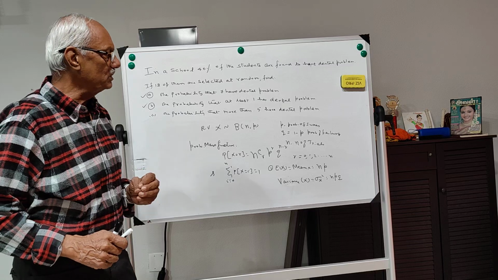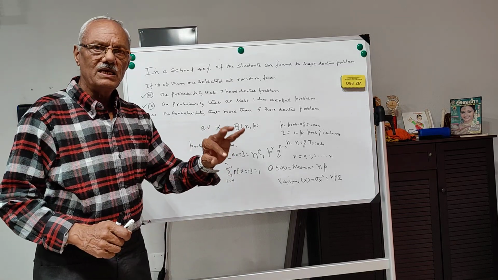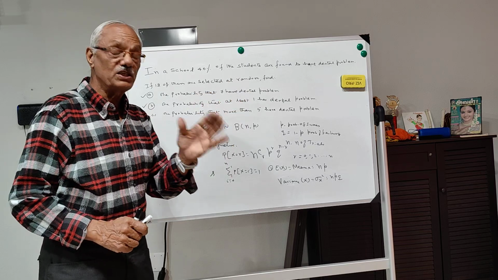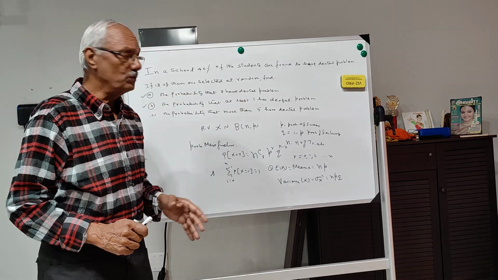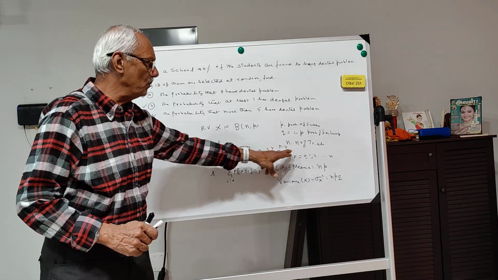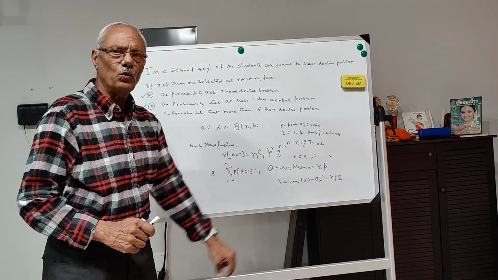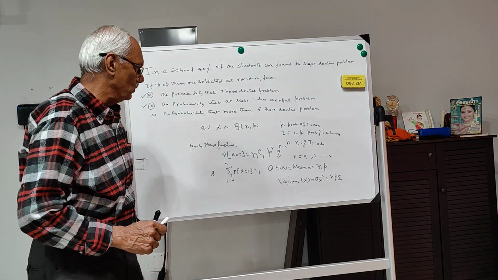Let me give a consolidation. A random variable x is said to follow a binomial distribution given as B of n, p, where n refers to the number of trials, p refers to the probability of success, and q refers to 1 minus p, the probability of failure.